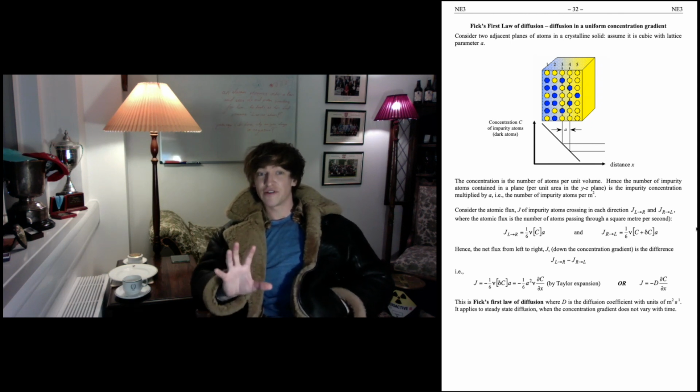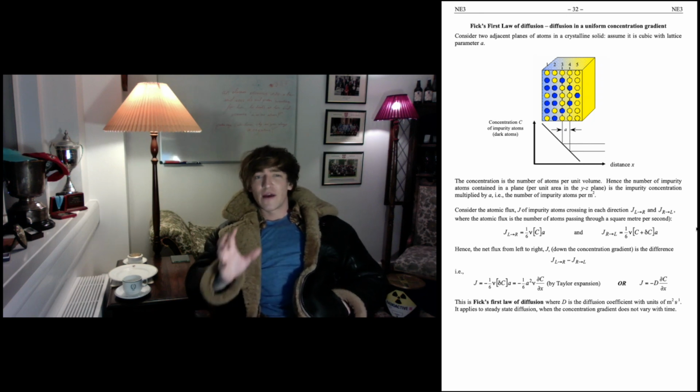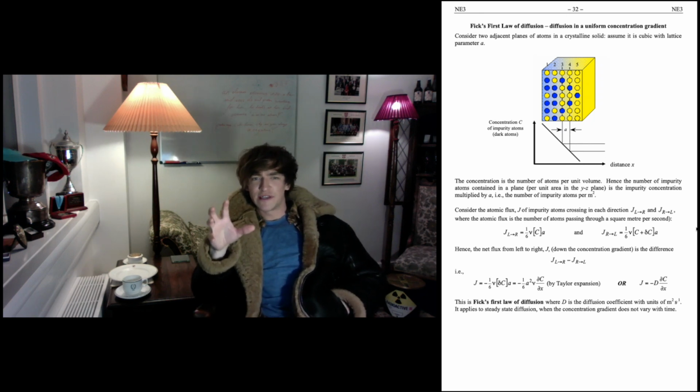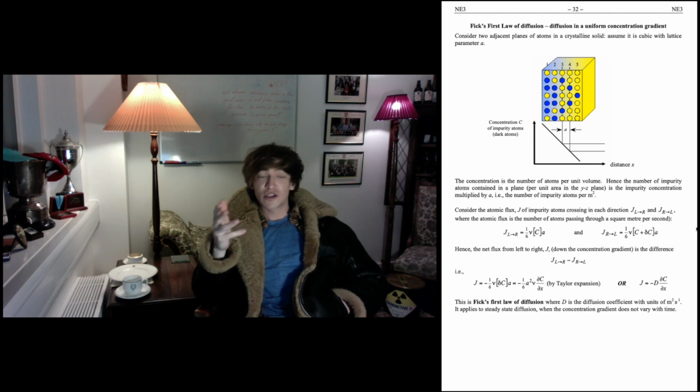The impurity atoms are shown in blue. Now, there will be an atomic flux of these impurity atoms left to right and right to left. And the atomic flux is the number of atoms passing through a square meter per second. So we can write the following equations for left to right and right to left flux of said atoms.